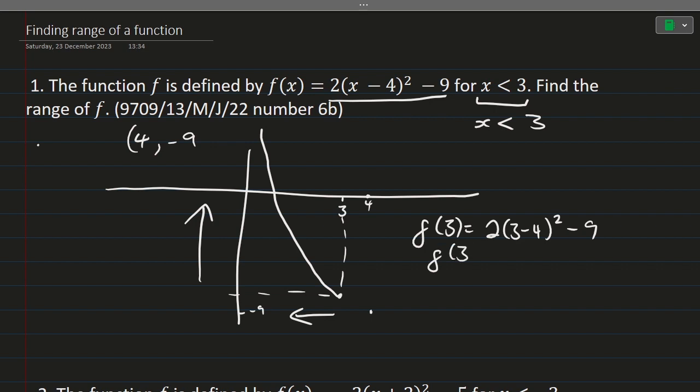So f of 3 is equal to minus 7. Since our graph is increasing going upwards, y is greater than minus 7, or we can say that f of x is greater than minus 7, and that would be our final answer.